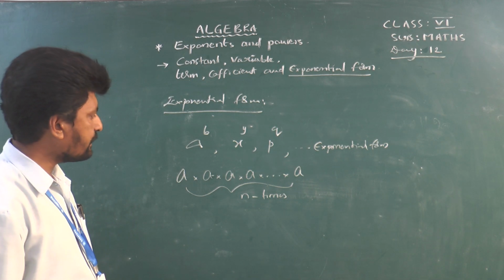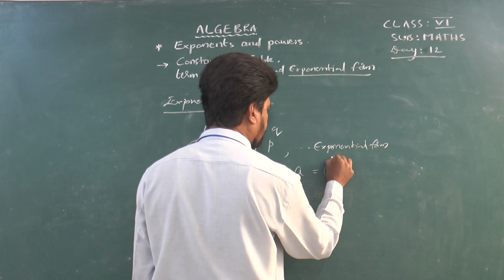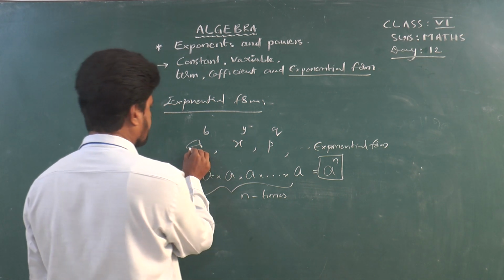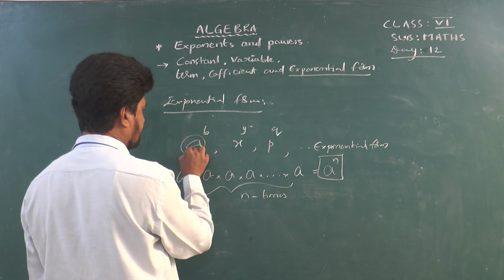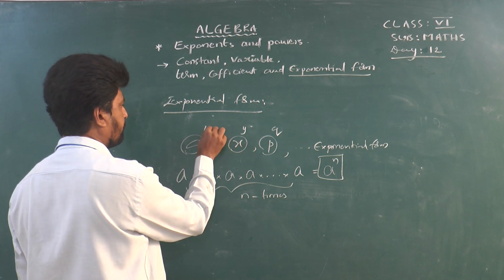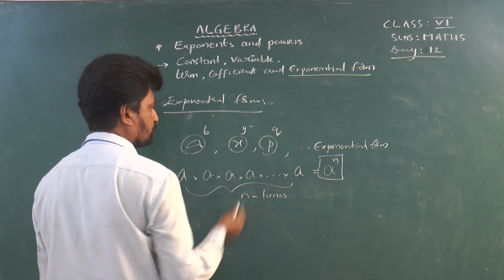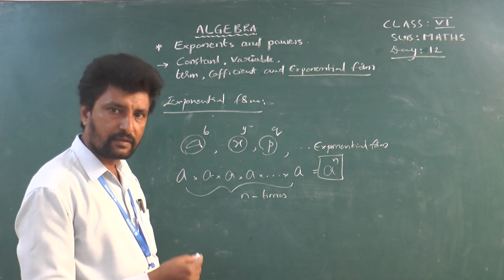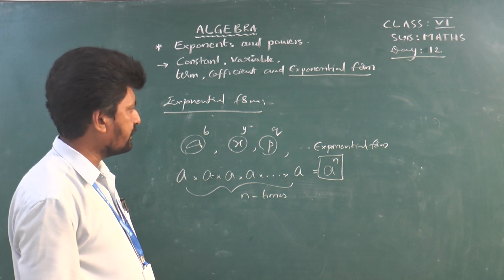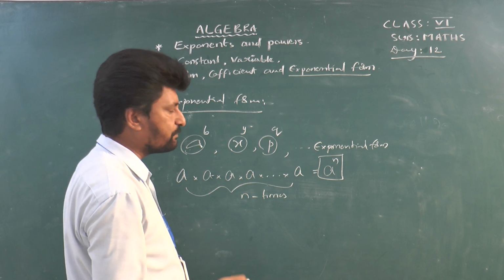The repeated multiplication of a, n times, we represent as a to the power of n. This is called exponential form. In these exponential forms, a, x, p are called bases, and b, y, q are called exponents of the exponential forms. Those exponents are also called indices and powers. Exponential forms are also called power forms.